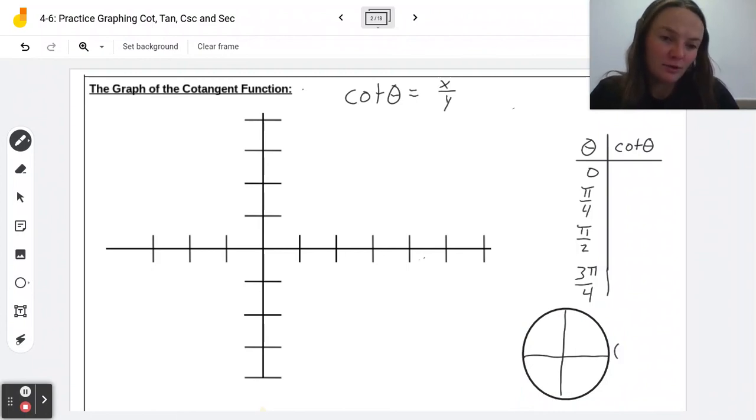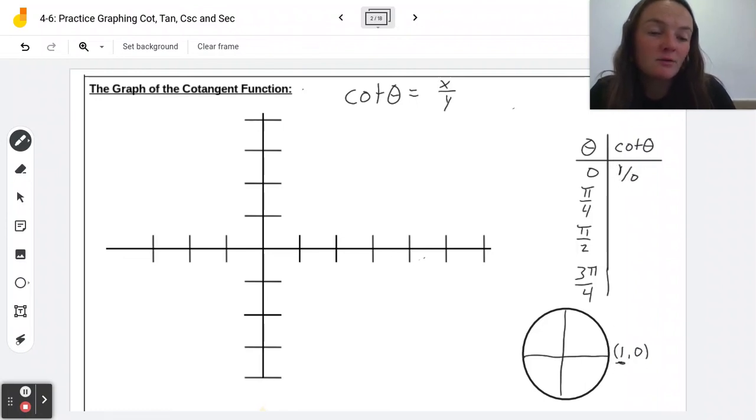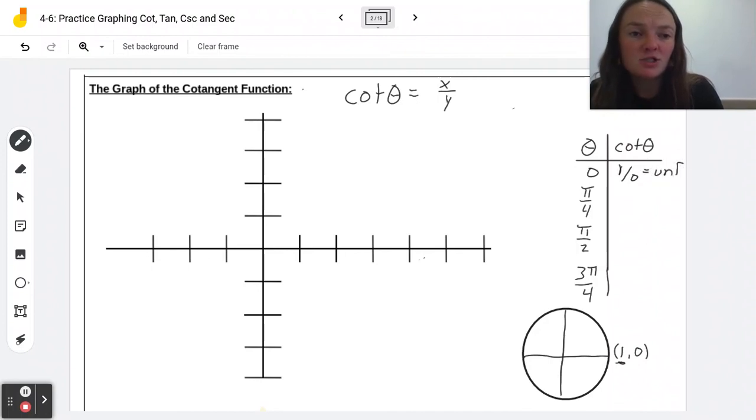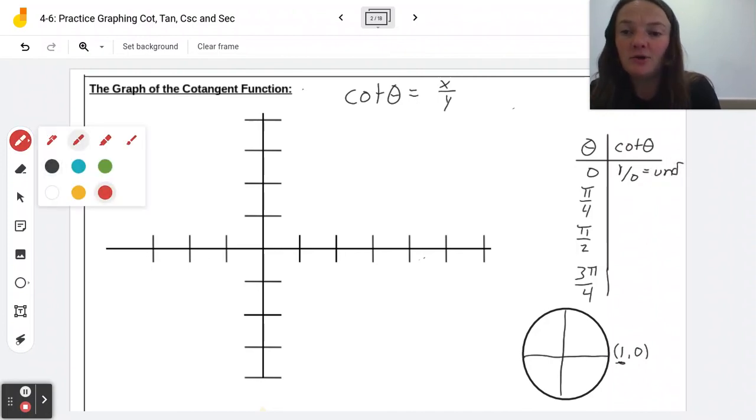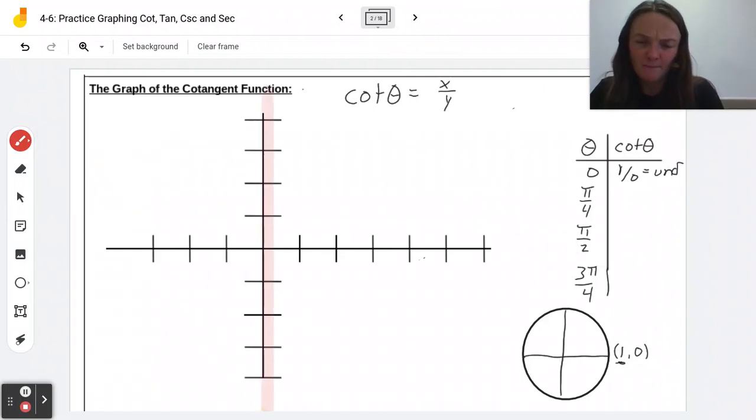This is going to be the ordered pair 1, 0. So x is 1, y is 0, and 1 over 0 is undefined. Therefore, we're going to go ahead and sketch a vertical asymptote there. If we get undefined, we're going to sketch a vertical asymptote.